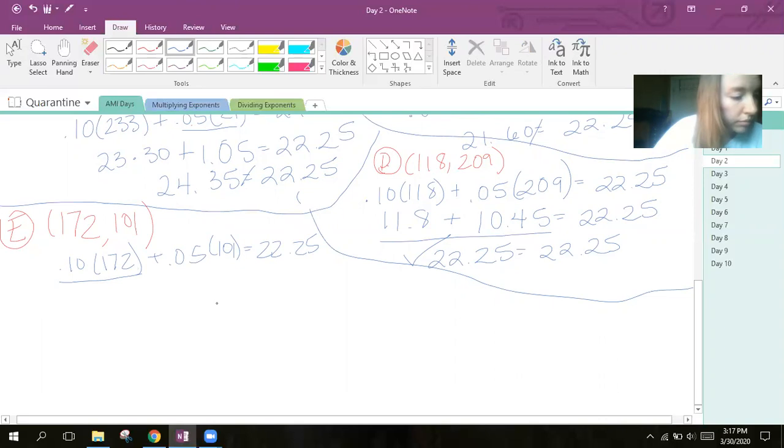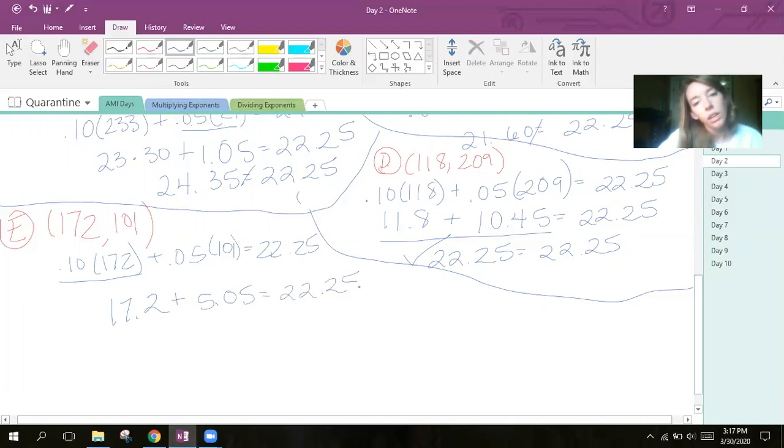I would do it on screen if I could, but I can't. So I have 17.2 plus 0.05 times 101, and that equals 5.05. If we add those two together, you get 22.25, which does equal 22.25. So again, that one would be a solution.